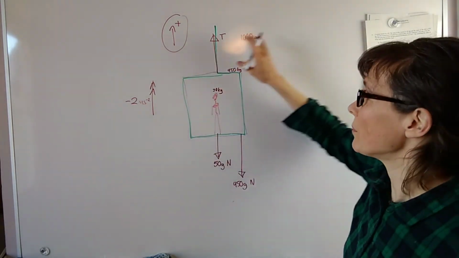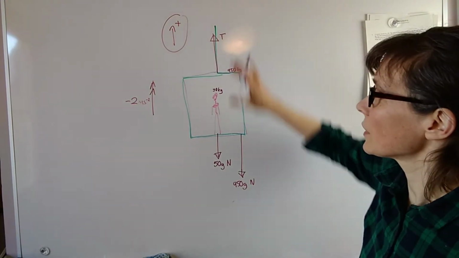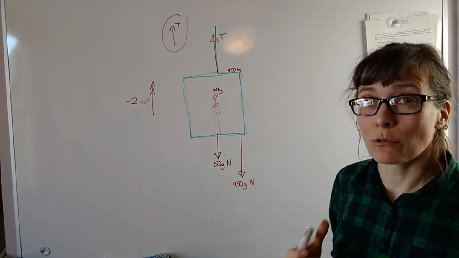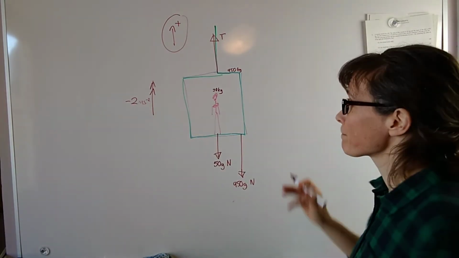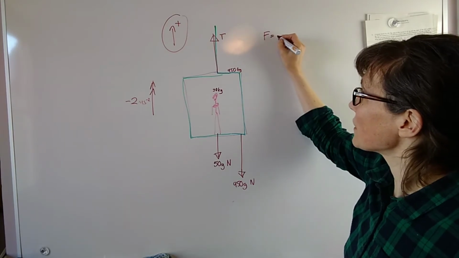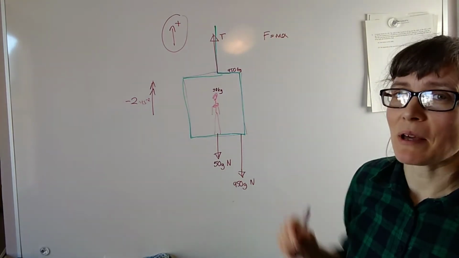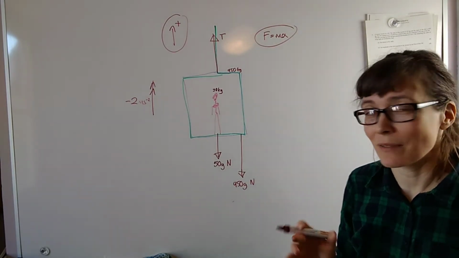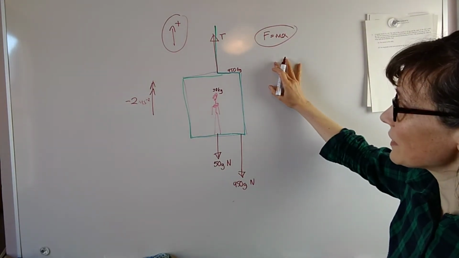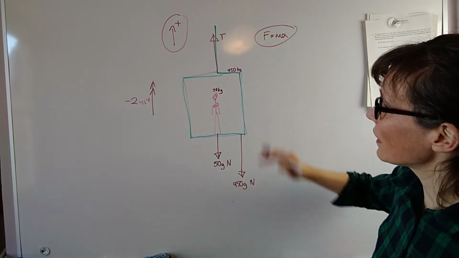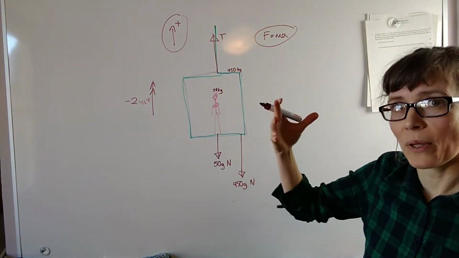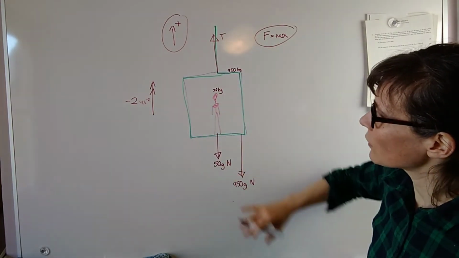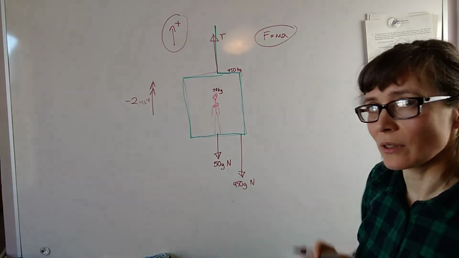So Newton's first law would give us no acceleration. We're not in equilibrium. So Newton's second law is that there is a relationship between the resultant force and the acceleration, which is the only bit that looks really mathematical in Newton's laws. F equals ma. Such a lovely simple equation that we're going to use here. So again, I'm going to take this convention of up being positive, and I'm going to look at the forces on this lift and woman combined.